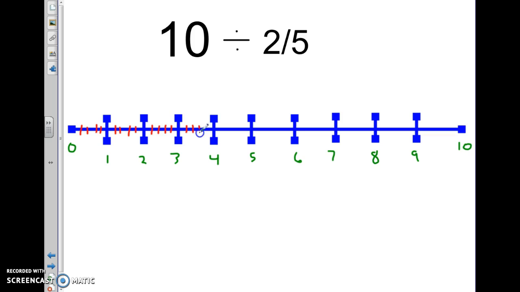Again, not perfect, but yours should look something like this, right? Where you count from 0 up to 10, and then you break up each of those into fifths.